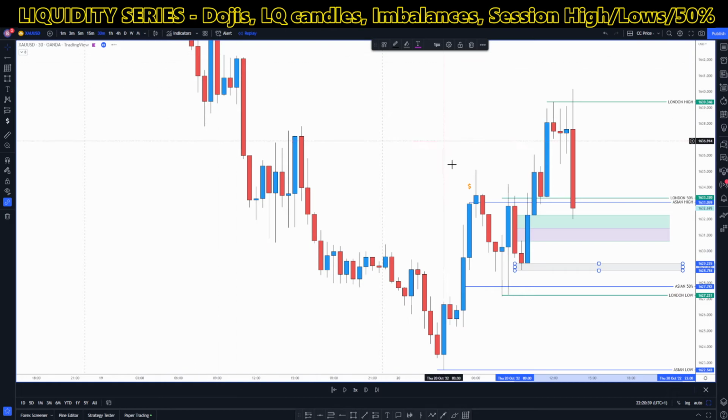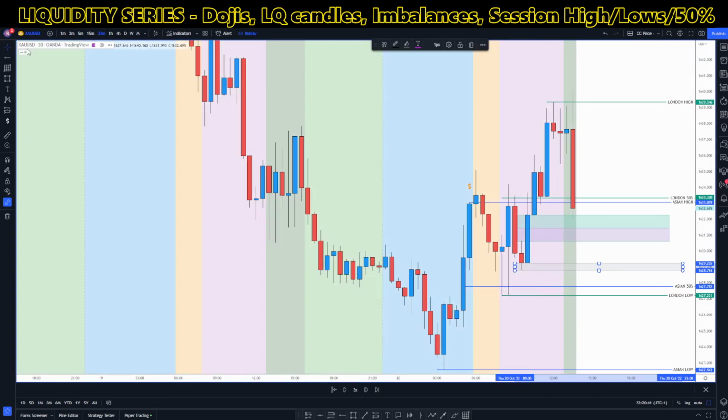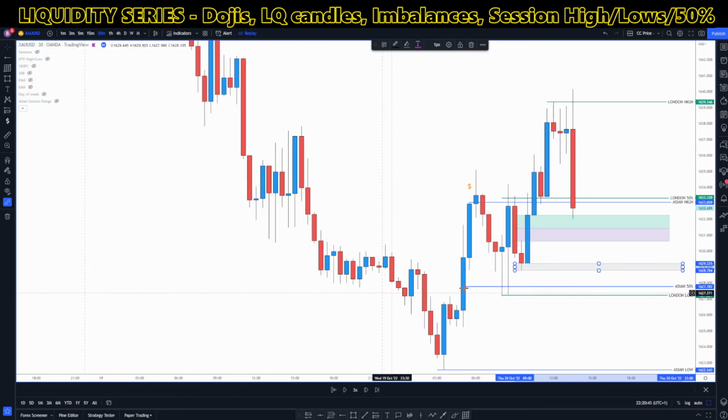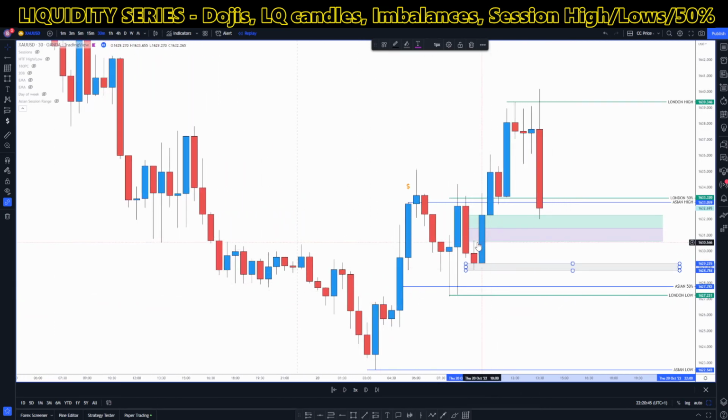I'll go back to 30 minutes. Let me just get rid of this session so it's a bit cleaner. So you can see how this is a 30-minute imbalance, where the wick here and the wick there, from this wick to this wick, I put a rectangle around the whole thing, and where the purple meets the green is just the halfway of that imbalance.